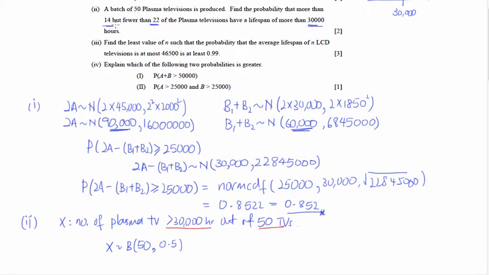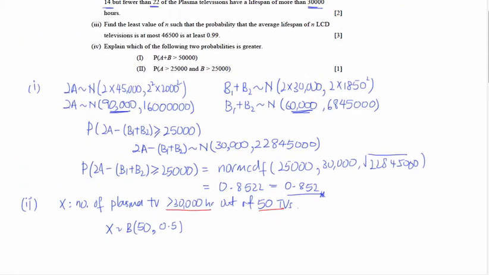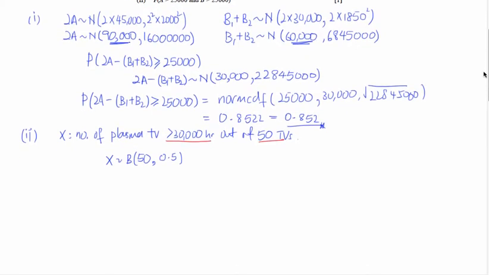So what they want is more than 14 but fewer than 22. What it really means is that they want X to be more than 14 but fewer than 22. Alright, so there you go. But this kind of calculation will be a little bit more troublesome to calculate using our GC because of the way that our GC is, right?